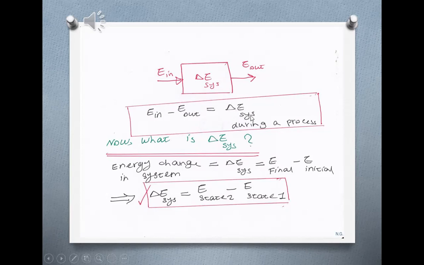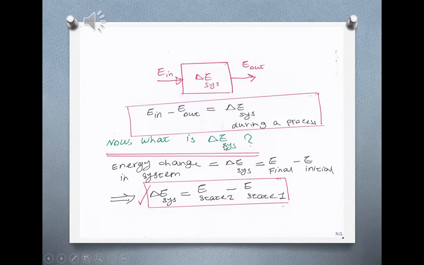What is the change of energy of the system during this process? What do we mean? The system undergoes a process. For example, it goes from a state 1 to a state 2, and we say during this process, all the energy going to this system minus all energy taken out of the system, that is change of energy of the system. Okay, look at this figure. Take a snapshot of this figure in your mind. It's very useful.